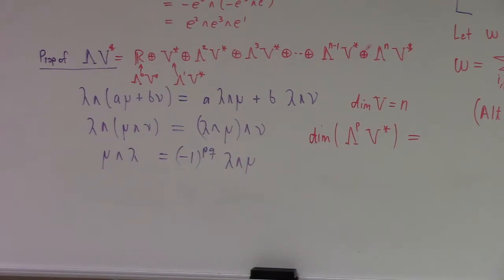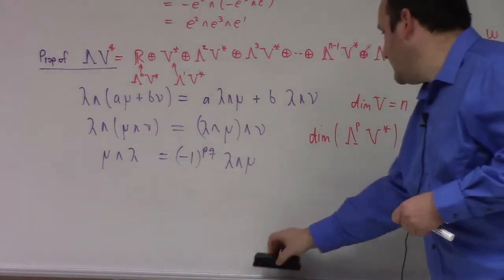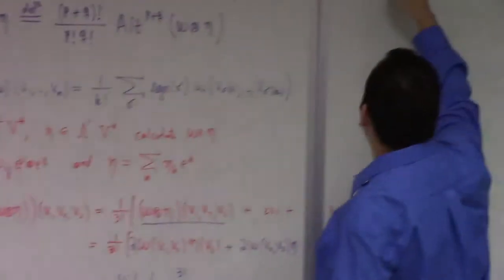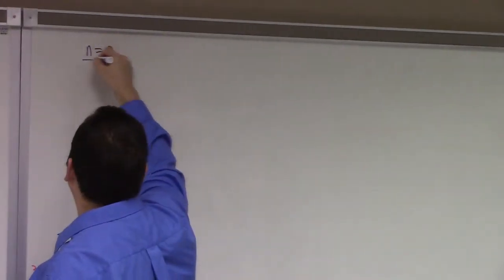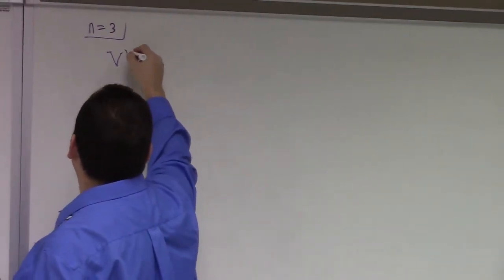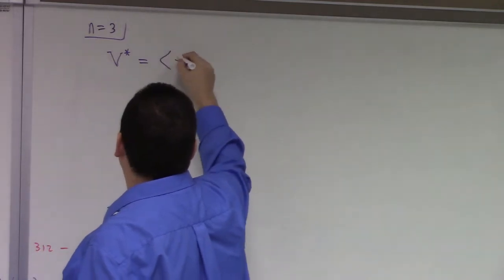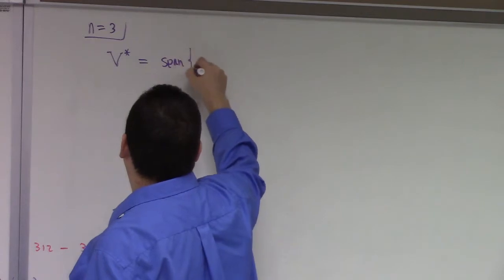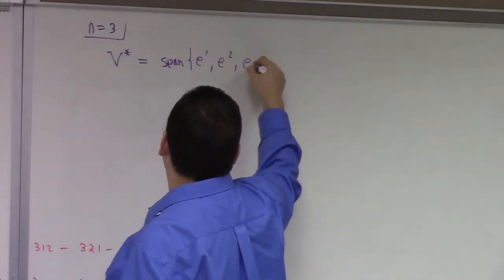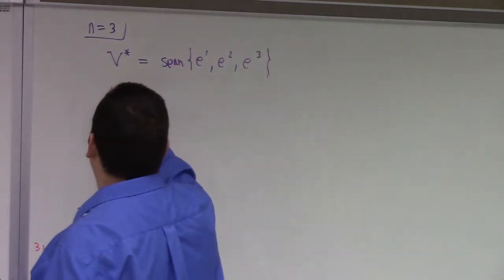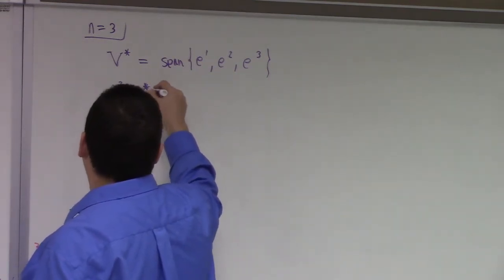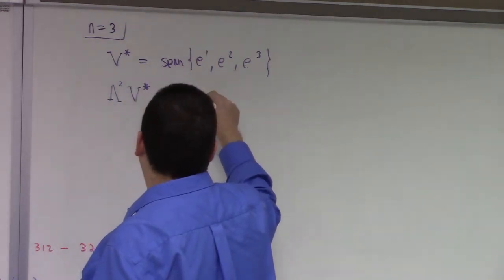Let's give a specific example. Maybe that'll help. It's not quite p factorial. So for example, let's look at n equals 3. Here V dual is the span of E1, E2, E3, right? So what are the 2 forms on this 3-dimensional space?